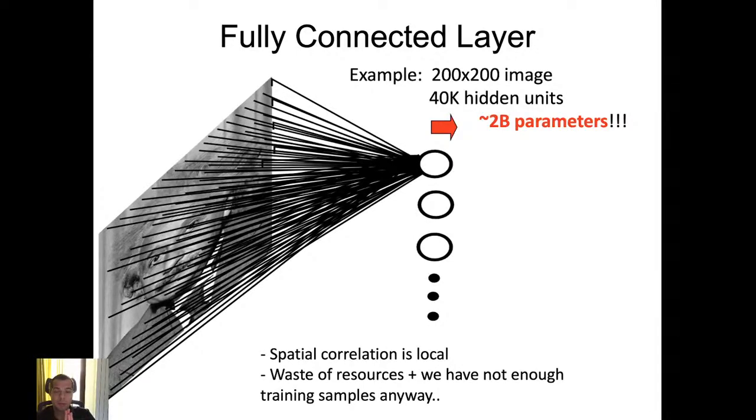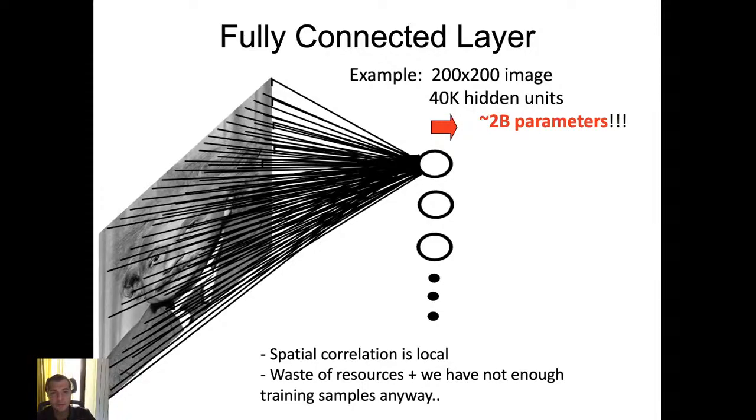Now, assuming that we want to apply these standard neural networks on images, if we consider an image of 200 by 200 pixels, and around 400 hidden units, this is the number of weights that we want to train. We get a very large number, almost 2 billion parameters.